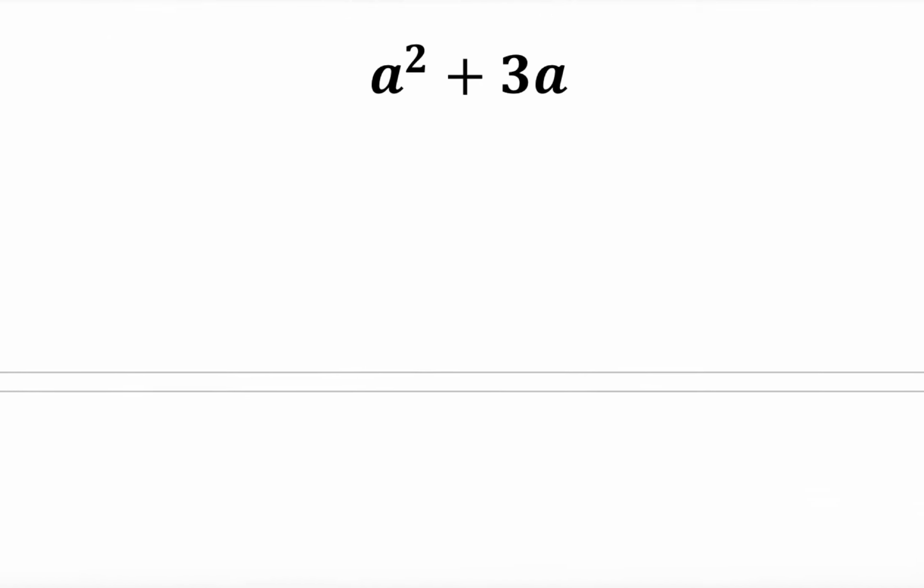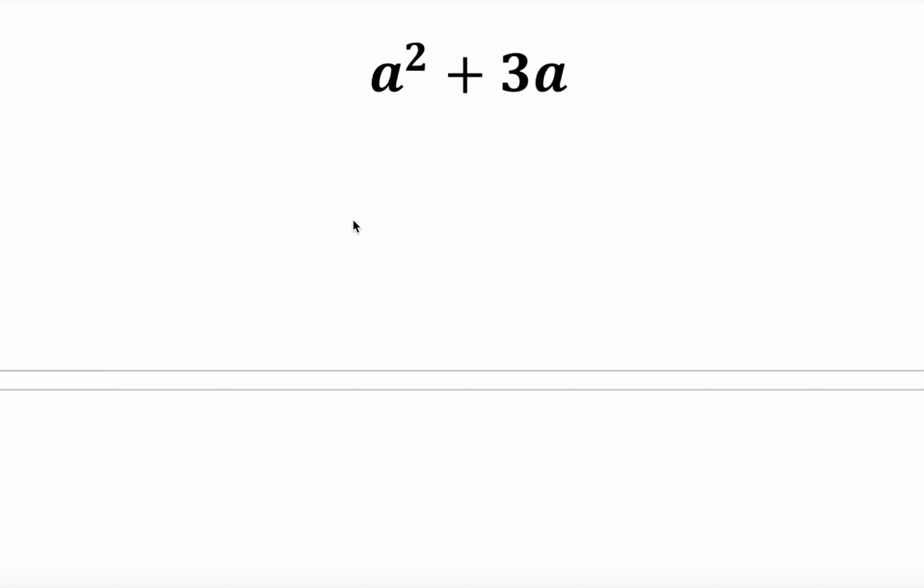And let's go for the second one. What is the highest common factor of a squared and 3a? Let's write it over here on the side. Highest common factor of both those terms equals... So what have we got in both? We've got a squared, so we've got an a, and in 3a we've got an a there as well. So the highest common factor has got to be a. So we're going to put a outside the brackets.